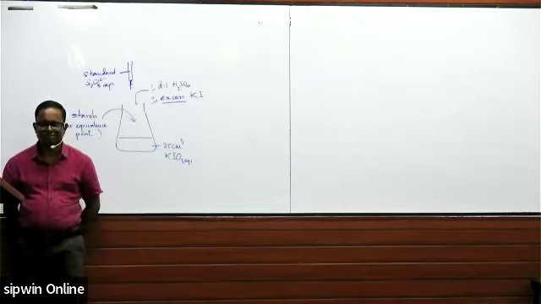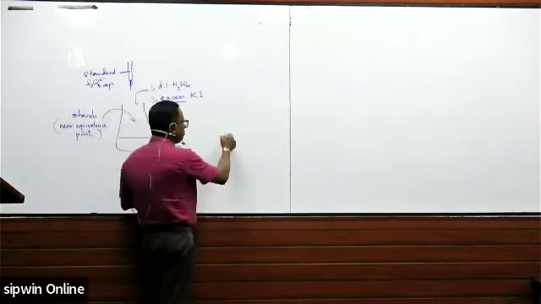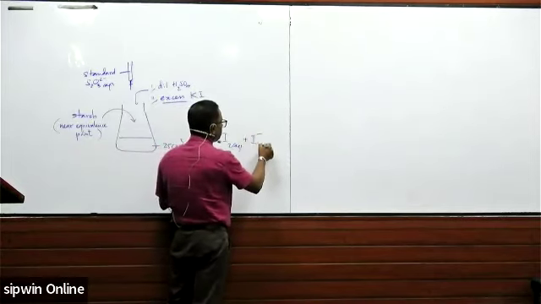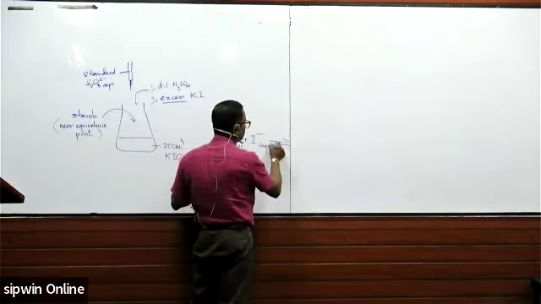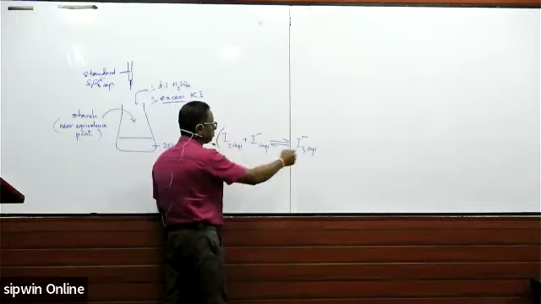There you better write this: I2, I minus, I3 minus, like this.